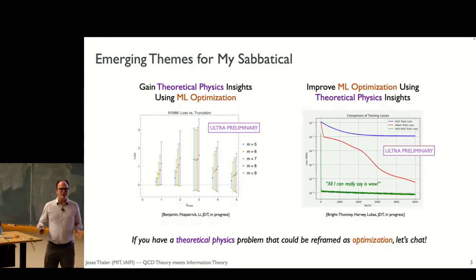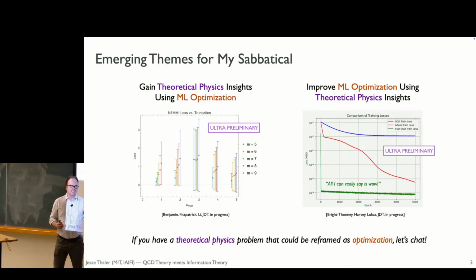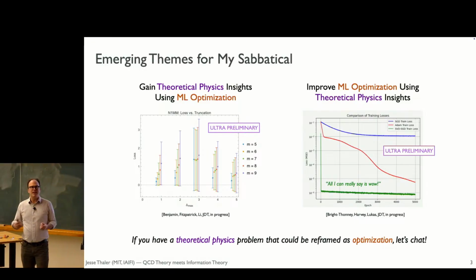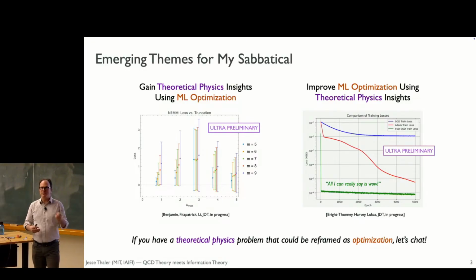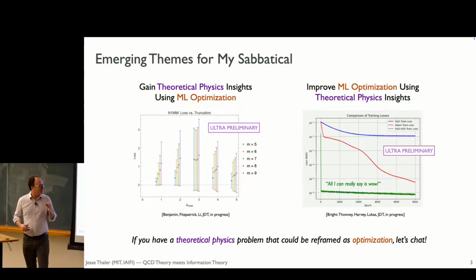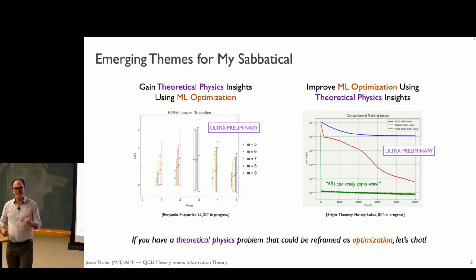And I'm super excited about work that I'm doing in that direction, using physics insights plus a knowledge of computational structures to try to advance the way that we optimize machine learning problems. So if you have a theoretical physics problem that you think could be reframed as optimization, let's chat. I've been talking to many people, both about the application of this style of algorithm and then also about theoretical physics problems that may or may not have an optimization framing.